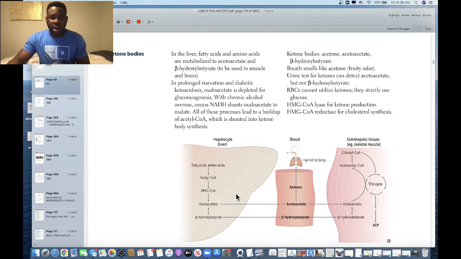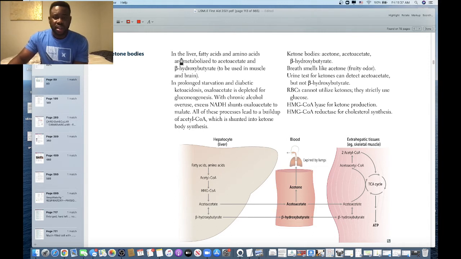If I want to define ketone bodies, they are just high energy molecules that are made from fat and can be used by the body as readily available energy, because they can be used to make acetyl-CoA for us to use in the TCA cycle, and then we can generate a lot of ATP.